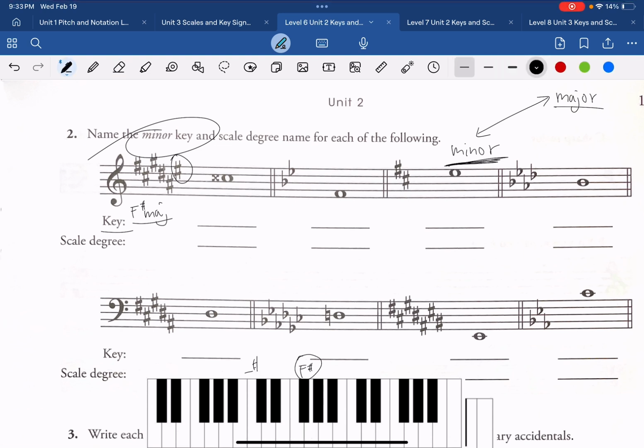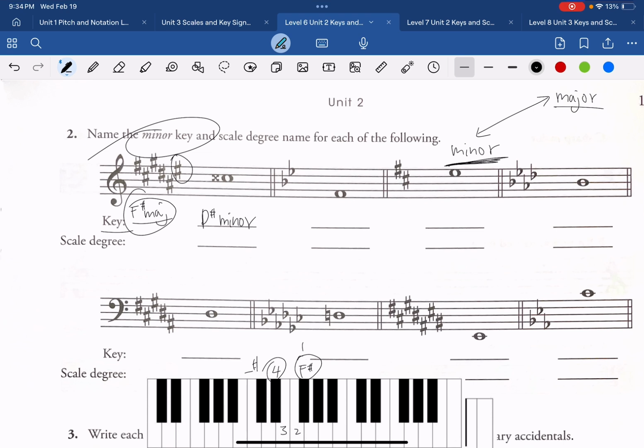So F sharp is 1, F is 2, E is 3, and then D sharp is 4. So we land on D sharp. That means the relative minor of F sharp major is D sharp minor.